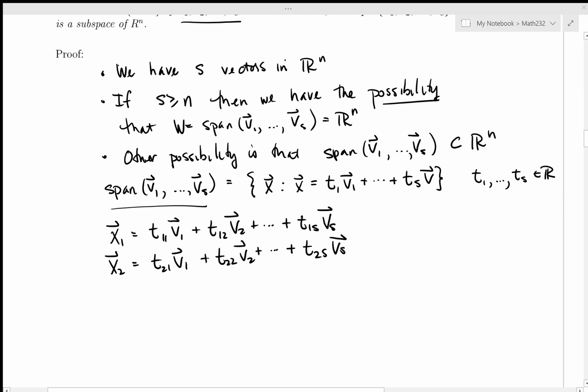Okay, and what happens if I add those two things together? I take x1 plus x2, and I get this.